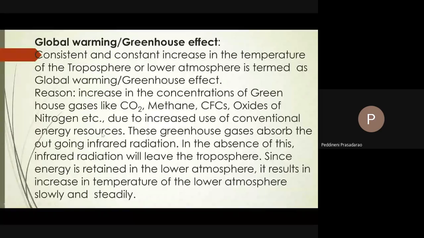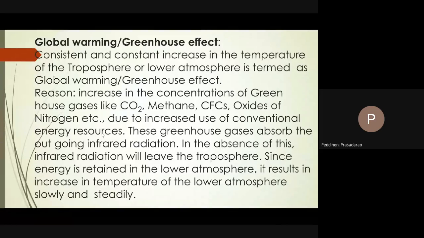So this is one thing you may have to keep in your mind: today's energy requirement of the universe is mostly met by fossil fuels, or conventional energy resources, or carbon-based resources.